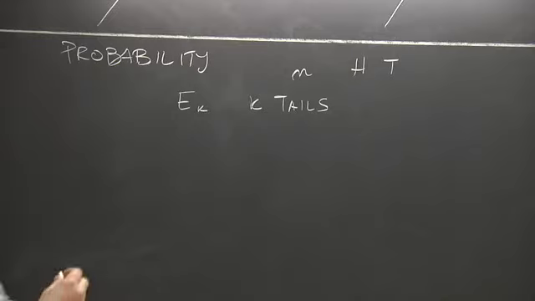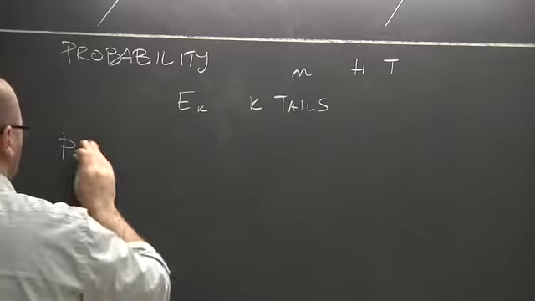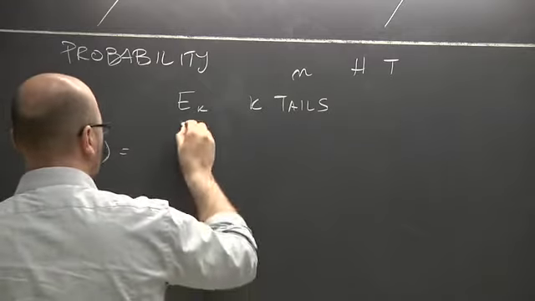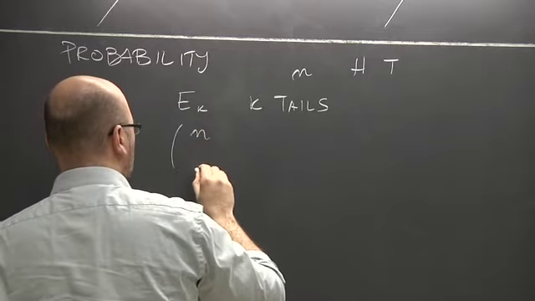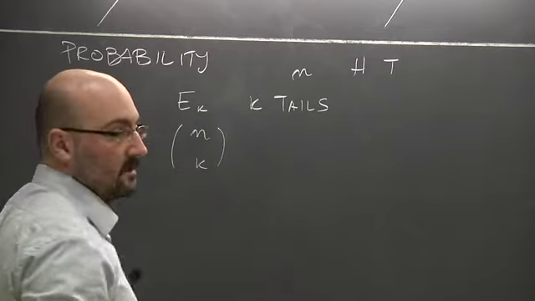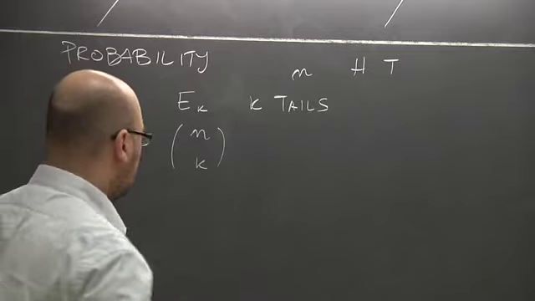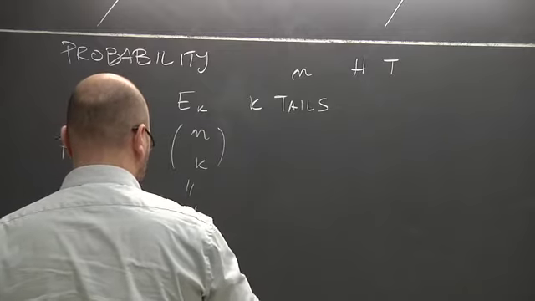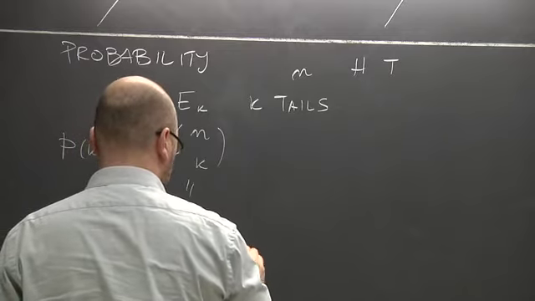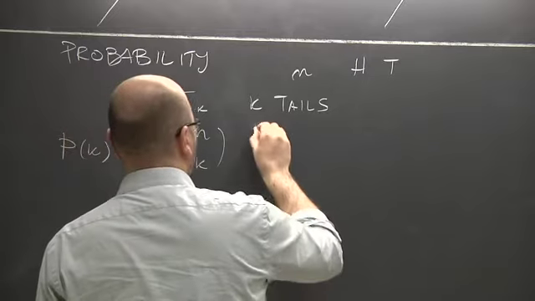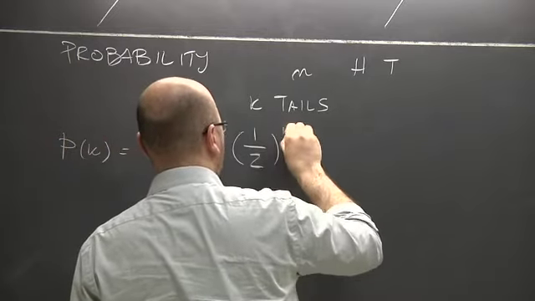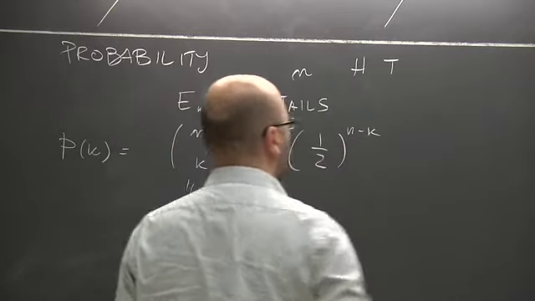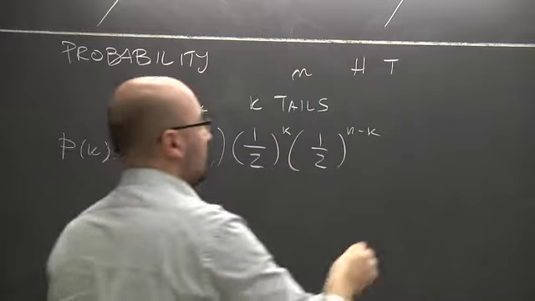So the probability p_k is equal to the binomial coefficient, which is indicated like this. Then we have 1/2 to the k, 1/2 to the n minus k, in this particular example of a fair coin.